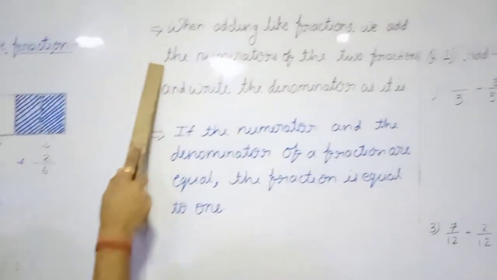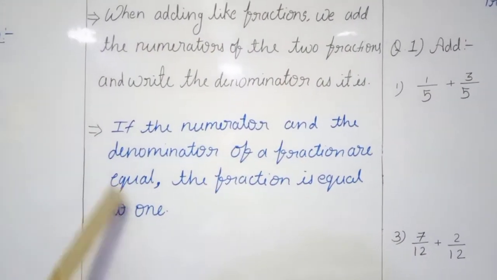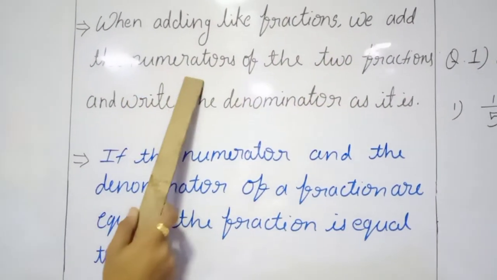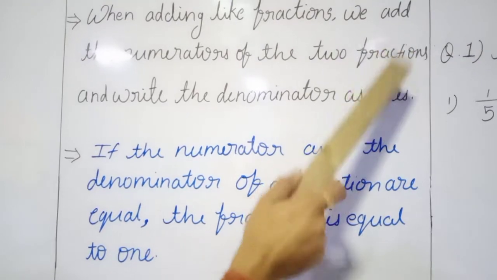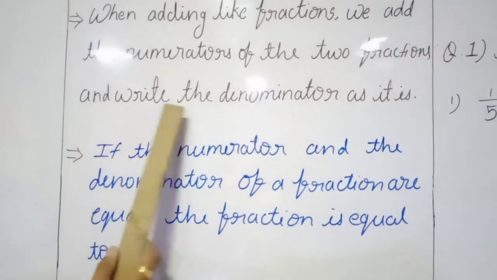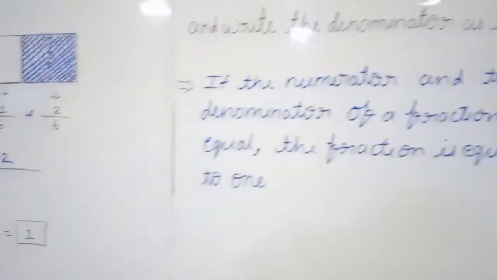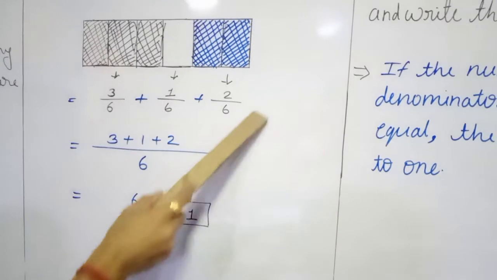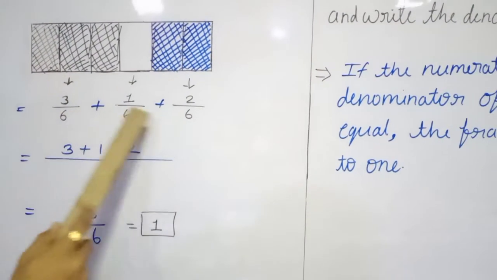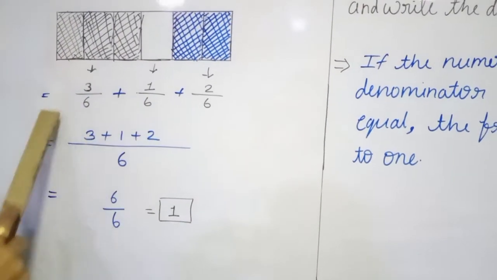Here we have the 2 important points regarding addition of like fractions. When adding like fractions, we add the numerators of the two fractions or more than two fractions that we have in the question, and write the denominator as it is. As we did in our example, here we have these three fractions, we added the numerators, and the denominator is written as it is.